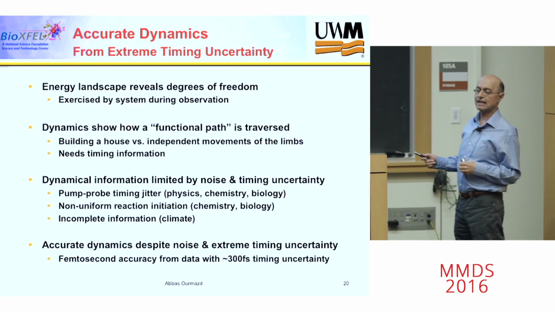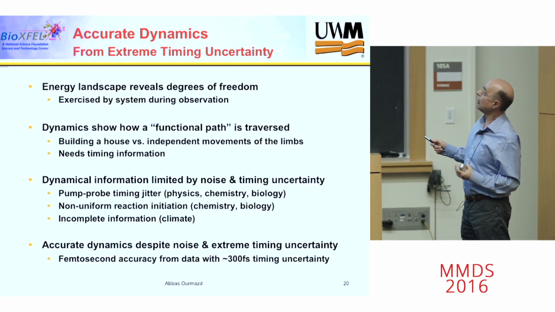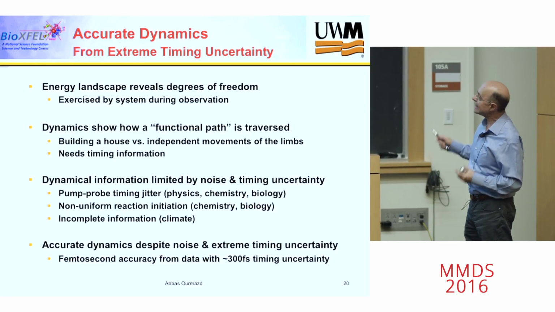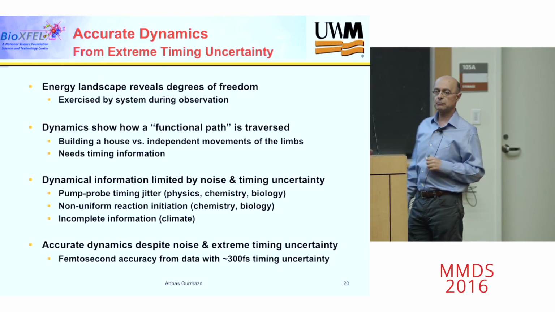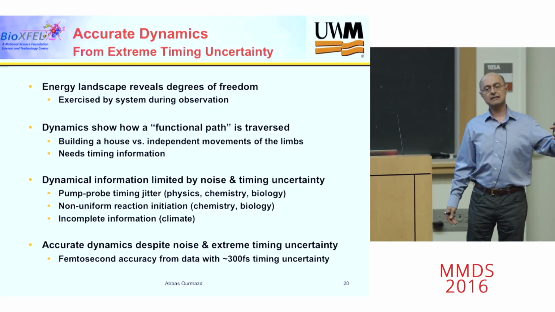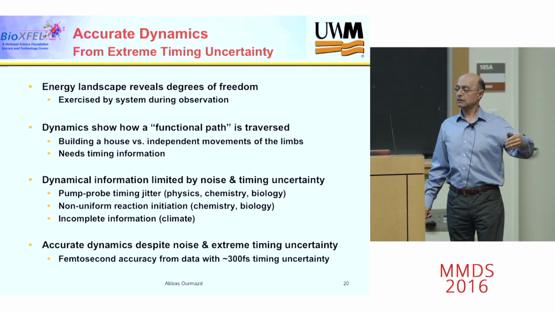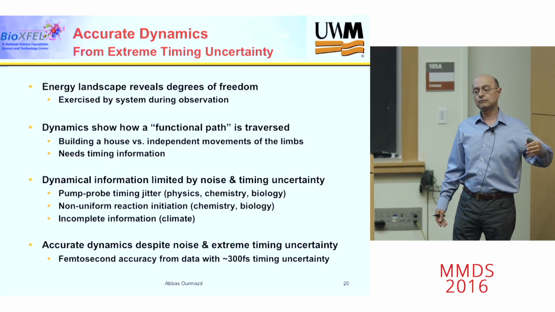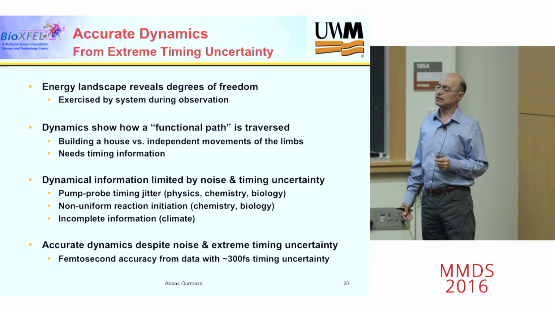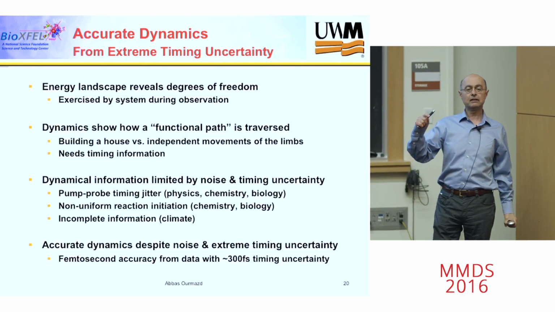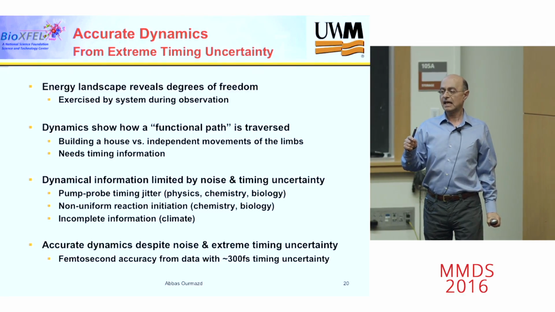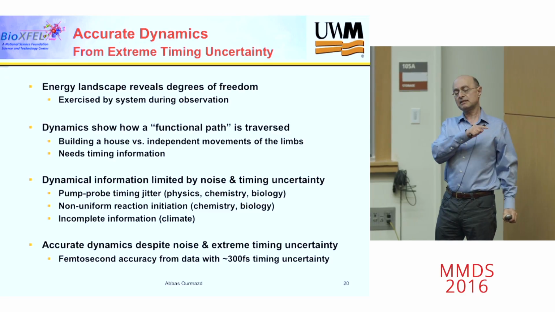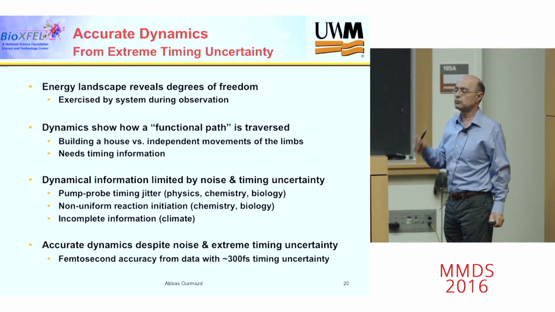Now the difficulty is that dynamical information is often limited by noise and timing uncertainty. This is very important. We heard a beautiful talk yesterday about transaction-based data which allow you to recover, or perhaps predict, economic cycles. Now, the time that a transaction was conducted is only a rough indicator of when the person had the money to make the purchase.